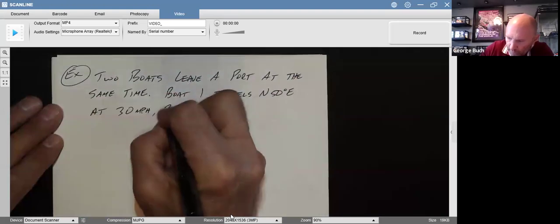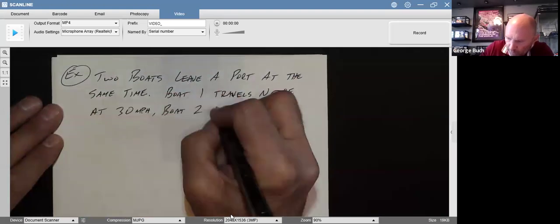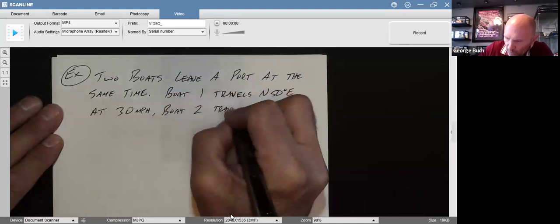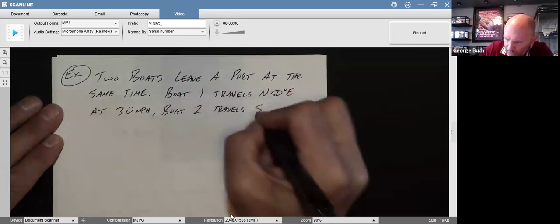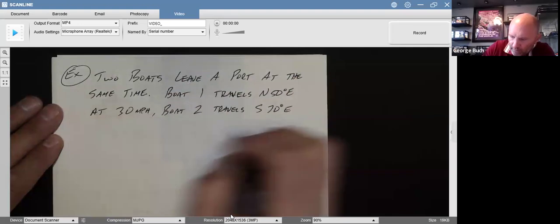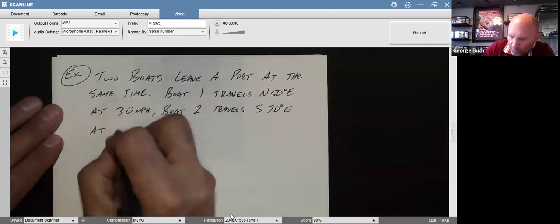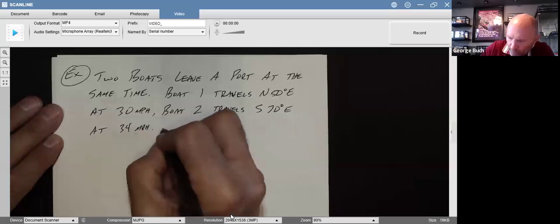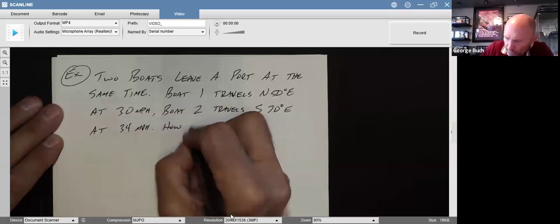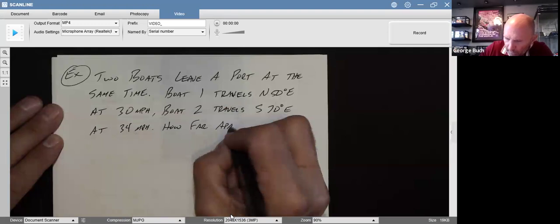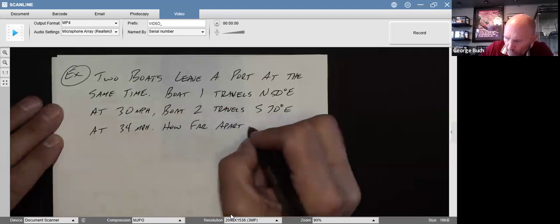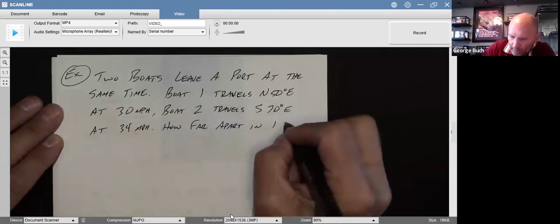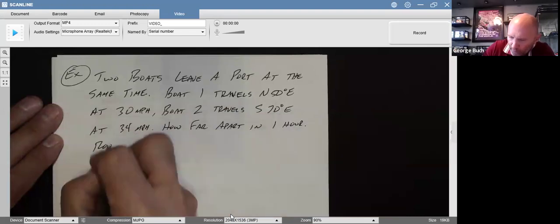Boat two travels south 70 degrees east at 34 miles per hour. How far apart are these boats in 1 hour? And let's round our answer to the nearest mile.